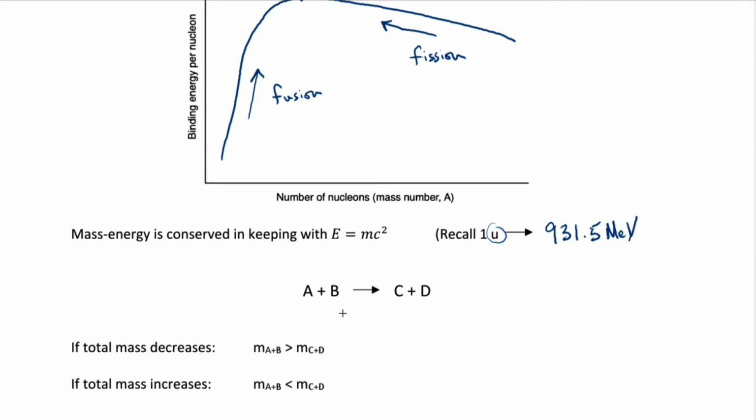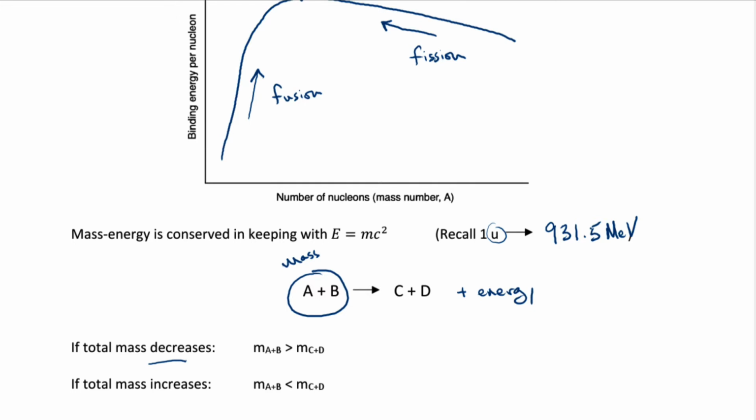So if we have an example equation like this, where we have A and B as our reactants reacting to make C and D as our products, the total mass and total energy on both sides of this equation have to balance. So if A and B are more massive, meaning if total mass decreases as we go from left to right, so there's more mass here, then that means that there must be more energy over here.